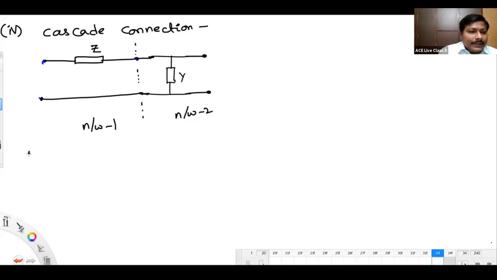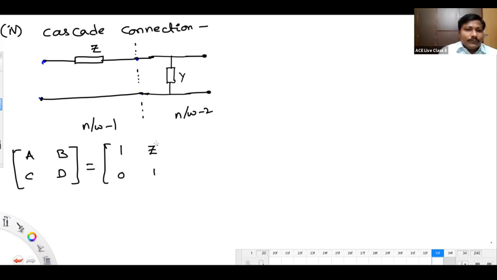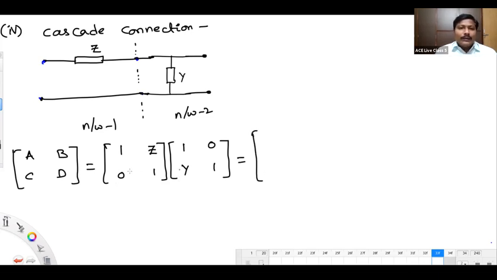For network 1 write 1, Z, 0, 1, and for network 2, 1, 0, Y, 1. Multiplying these two matrices you get 1 plus ZY, Z, Y, 1. Like this, you get the ABCD of this cascade connection.